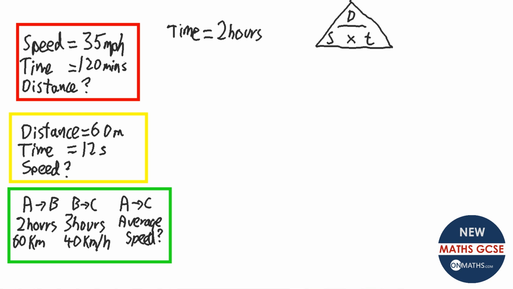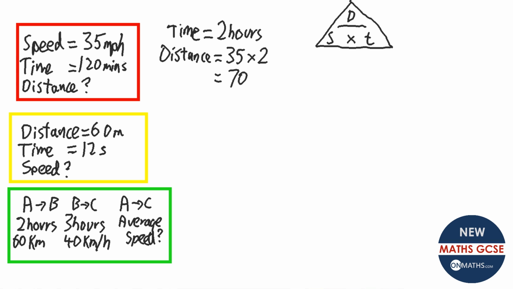Okay. Now it's looking for distance, so I look at the triangle. I cover that up with my thumb, which I can't show on this, but imagine I'm covering up the distance, and it's saying do speed times time. So distance equals the speed, which is 35 miles per hour, times the time, which is the 2 hours, and that's going to be 70.